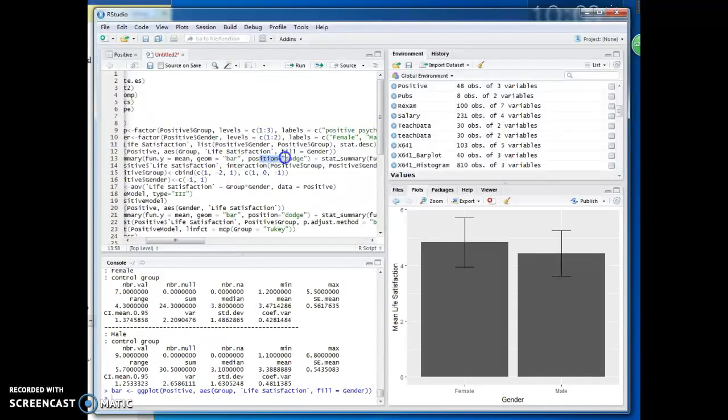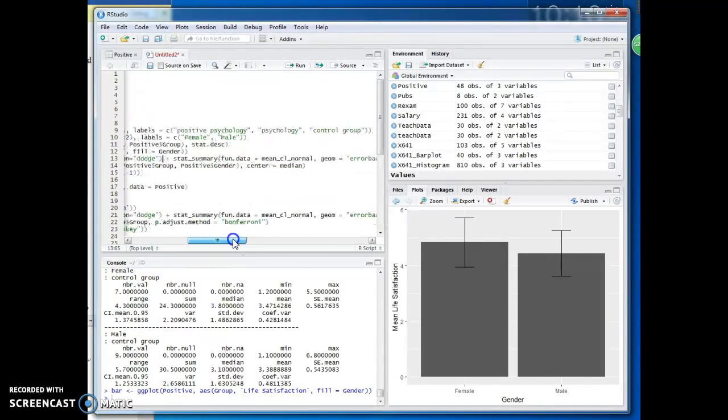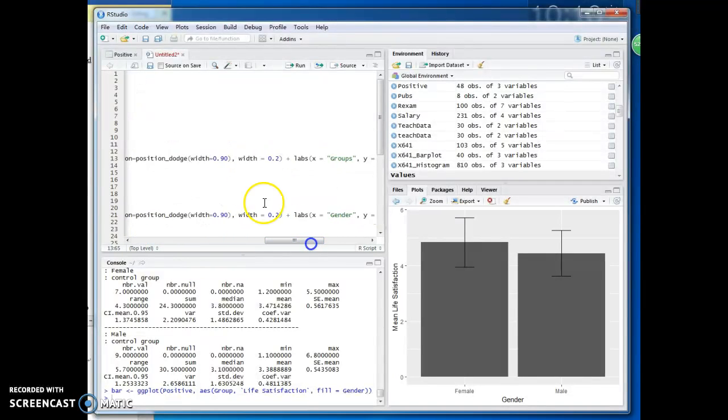This function gets our bars side by side, and this creates the labels, where we label the X as groups and Y as life satisfaction, and the different groups of gender.